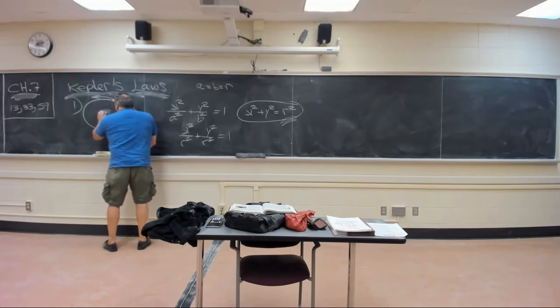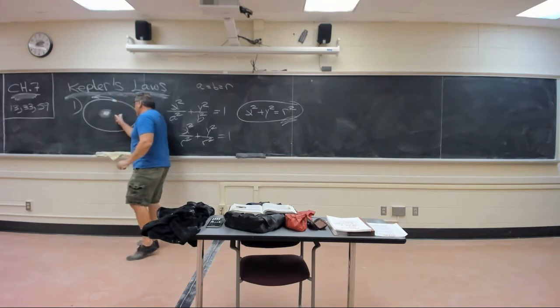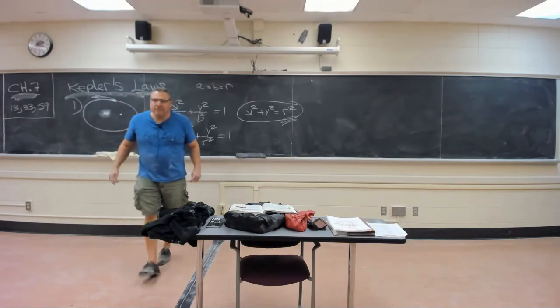If you were to go right to the center of the sun, and right to the center of these two places, the center of this large sun and the center of this very small object, that's called a focus, and that's called a focus. These are called foci.